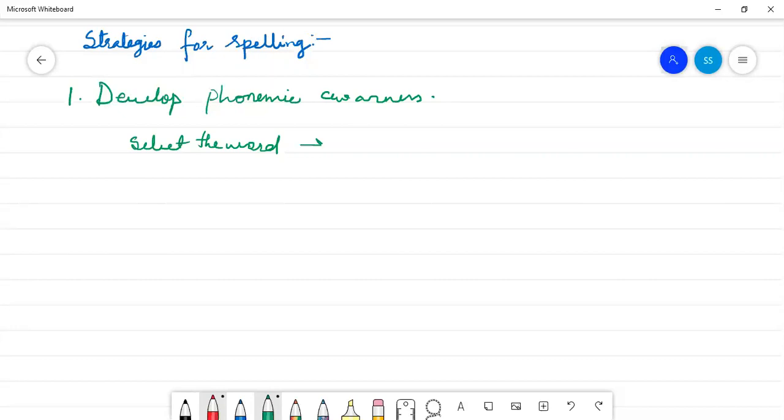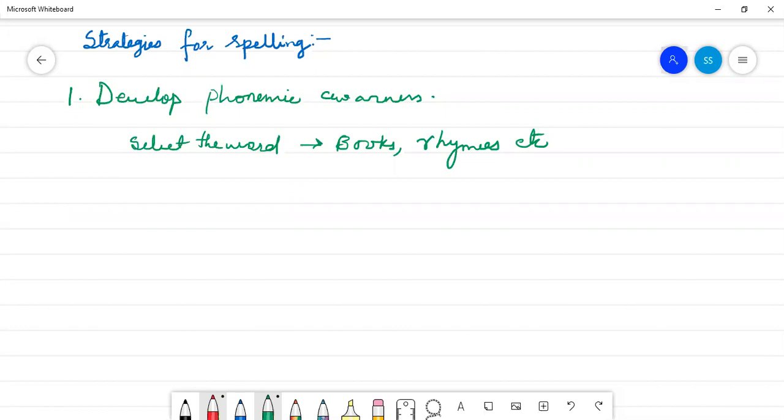The selection of the word can be from the books, or even from poetry, from rhymes or songs. There are a lot of ways. Even the newspaper, you can take the words from anywhere, and discover together how to know this word, how one word can help to recognize another.